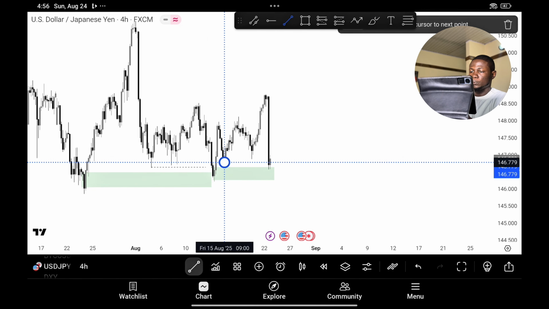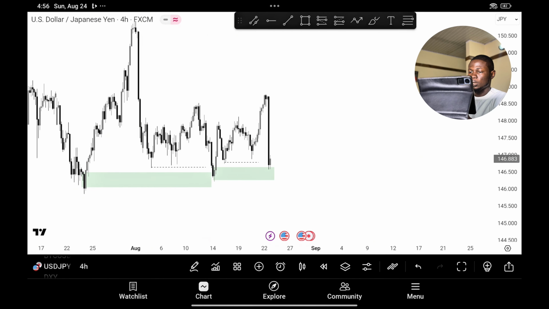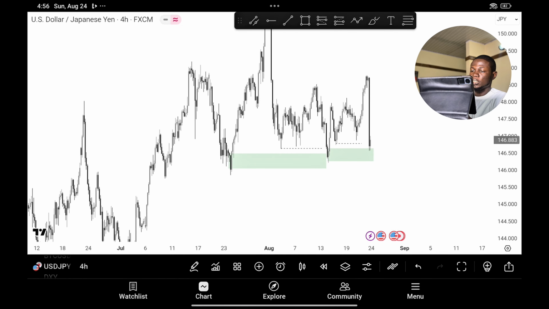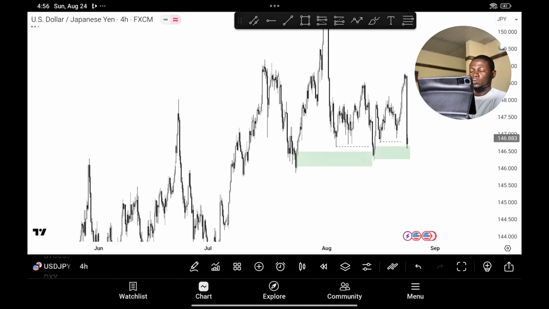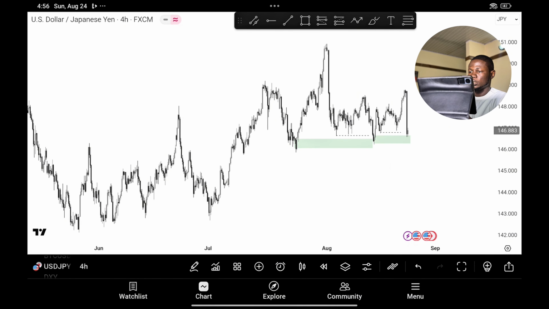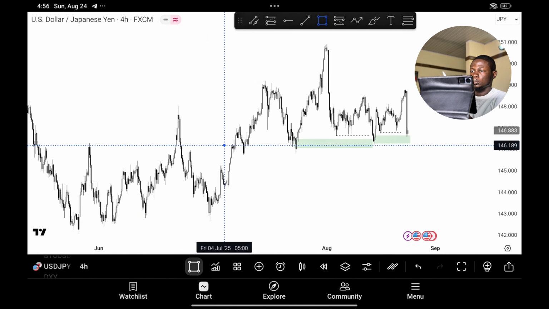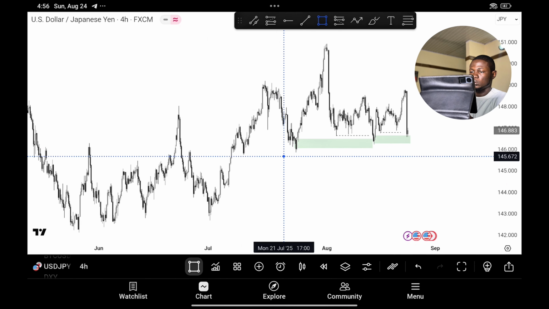You understand? Now if you look clearly, you can see that the engineered liquidity was created. Now let us zoom in and see if we'll see any other engineered liquidity close to an order block. Sorry, this was engineered.